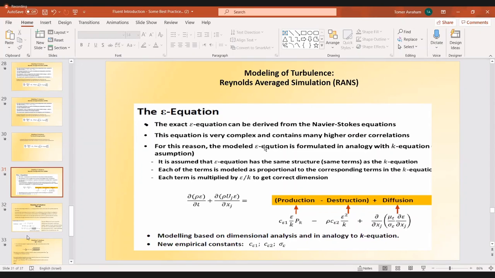It's called the wall sensitive model. This model, the most known model, and I still think it's the most important model, by Jones and Launder in 1972, was derived.